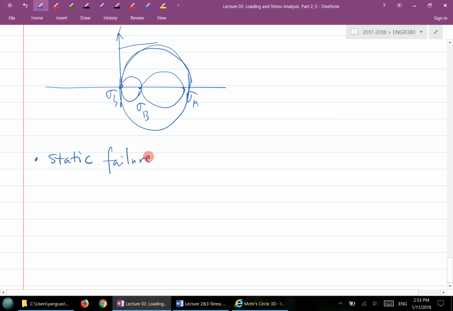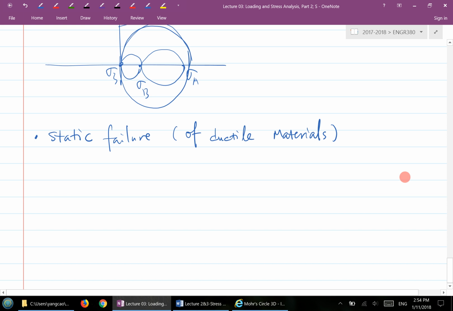Let's look at static failure first, and we'll look at the static failure of ductile materials.